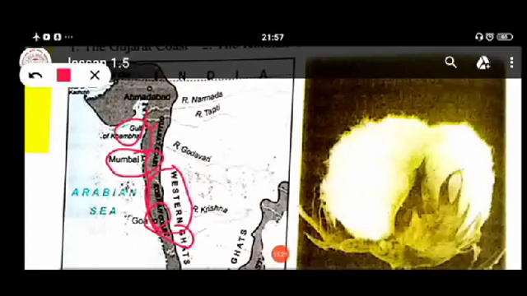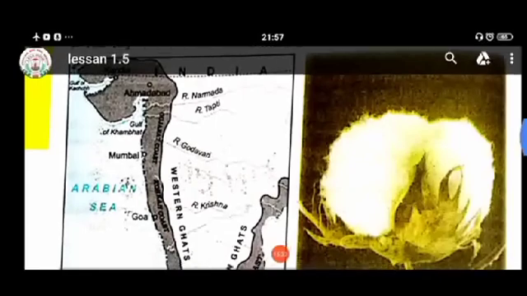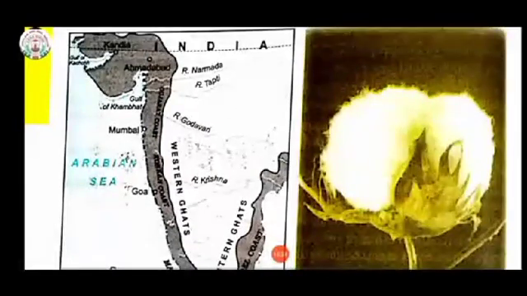This city is known for its film industry, textile industry and engineering industry. Just now I told you about textile. The engineering industry is the industrial complex of greater Mumbai, which is the primary economic focus of this region.